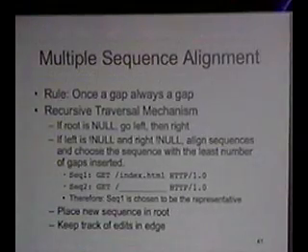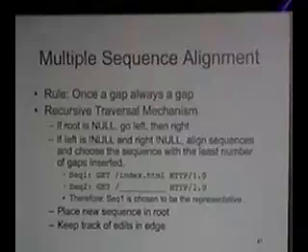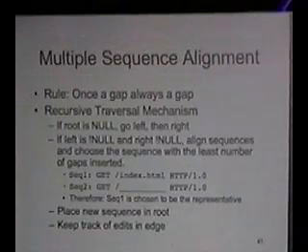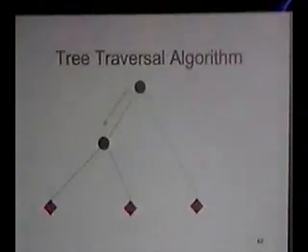That lowers the margin of error of errant gaps propagating all the way down through all the alignments. So we're going to place sequence 1 in the root node of these two leaf nodes, and we're going to keep track of the edits in the edge. I don't have the list of the offsets right in front of me, but there are going to be edits inserted into sequence 2 to insert those gaps.